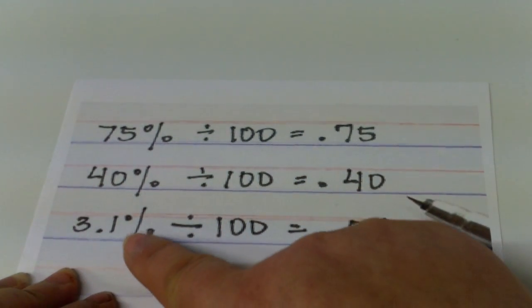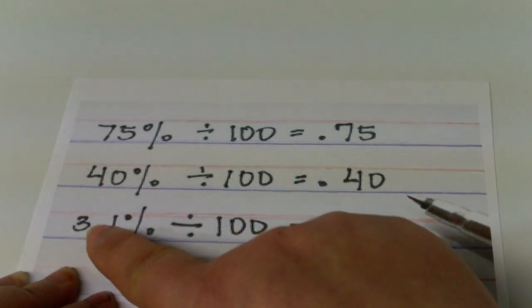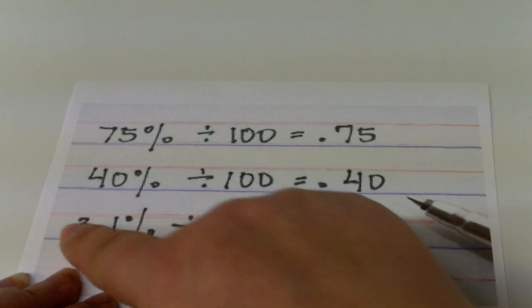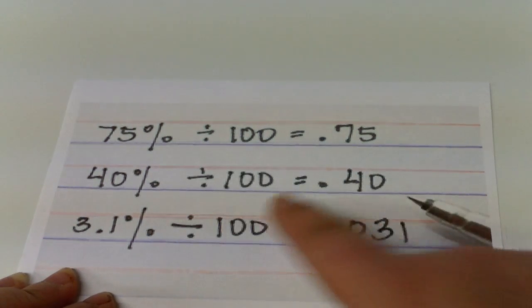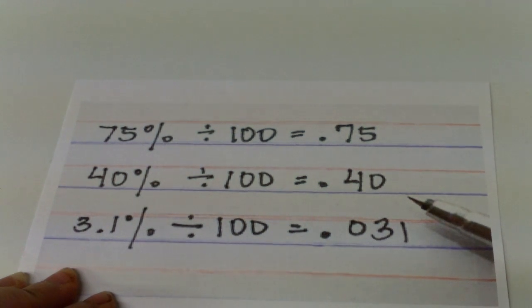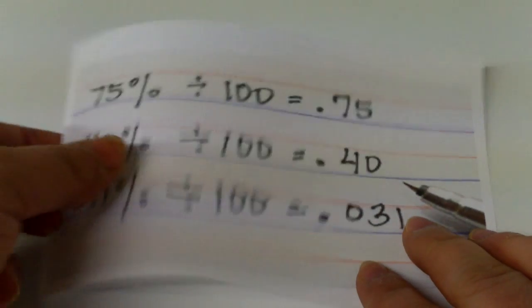In this one, 3.1%, we can finally see a decimal point. It's going to move 2 spots when the percent symbol goes away. Okay. So we've got 2 directions taken care of.